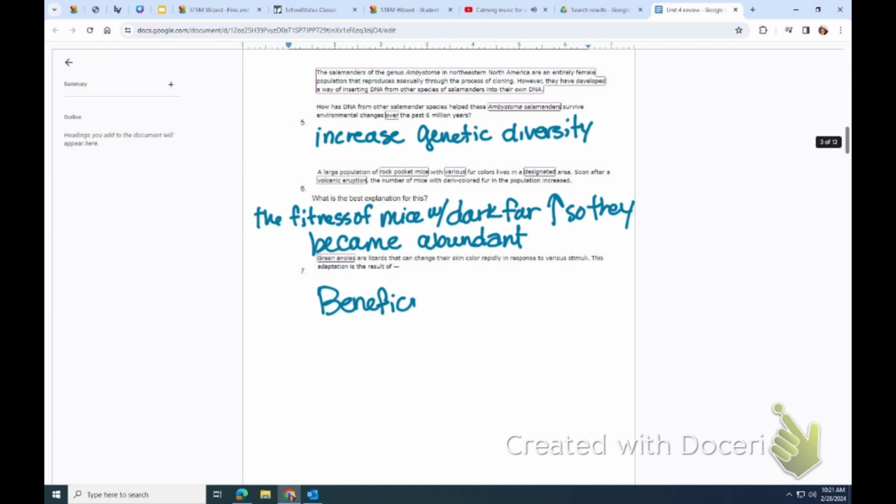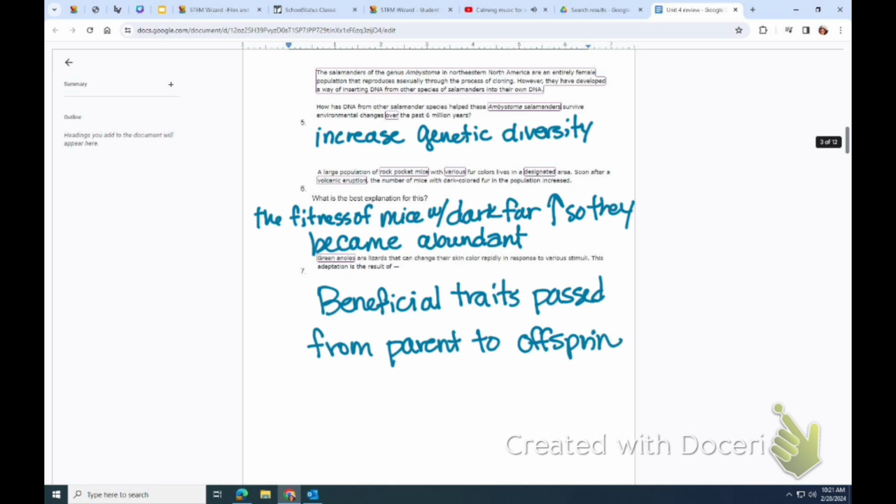Beneficial traits passed from parent to offspring. Give you a few seconds to get that down.